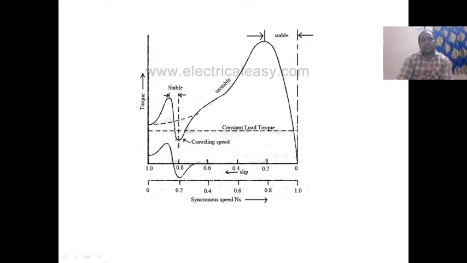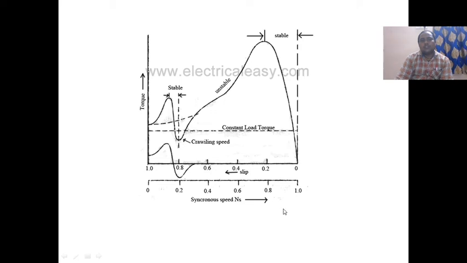So please observe the crawling effect. This is the maximum speed. The speed falls to 1/7 of synchronous speed. Whenever the speed falls to 1/7, the machine is unable to produce torque.